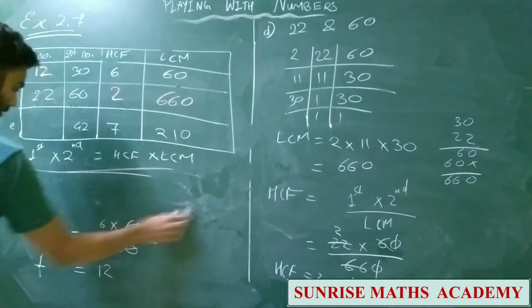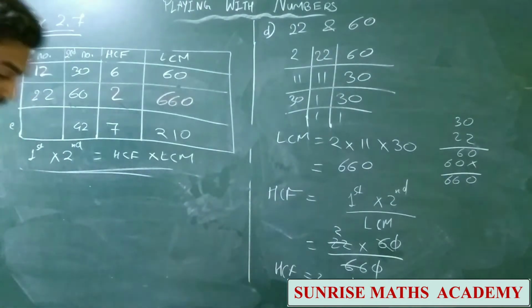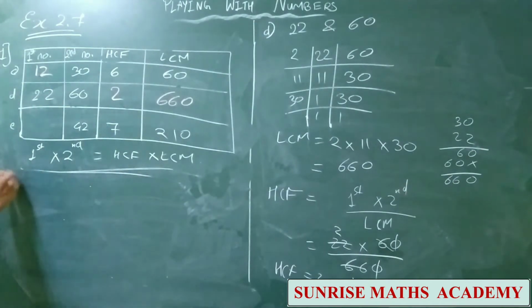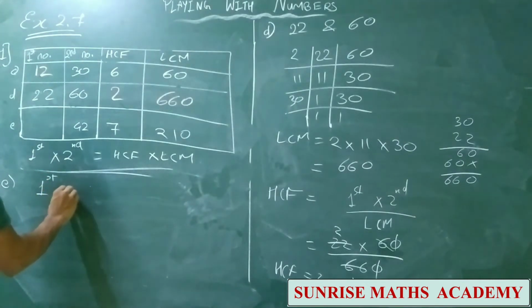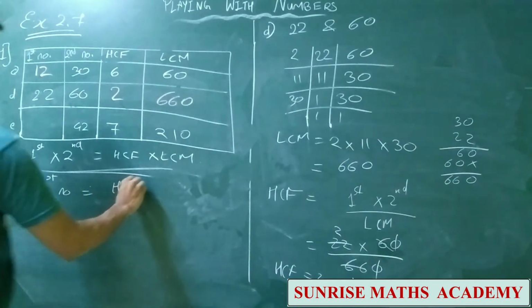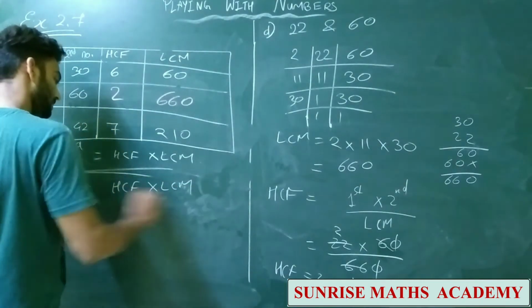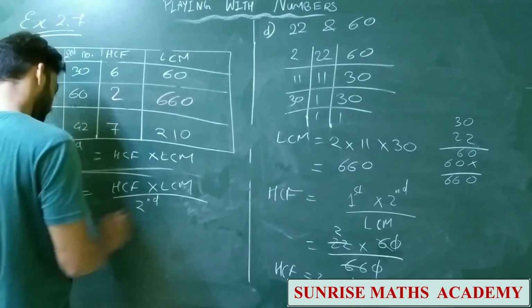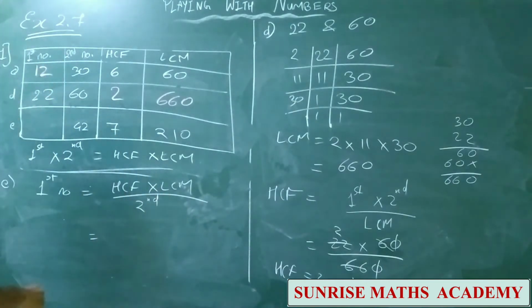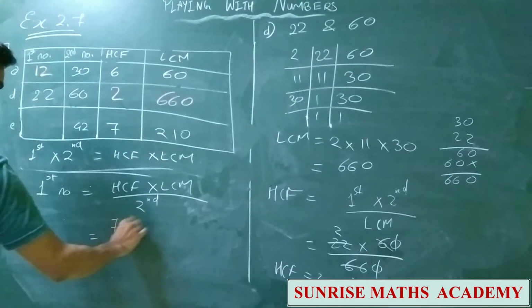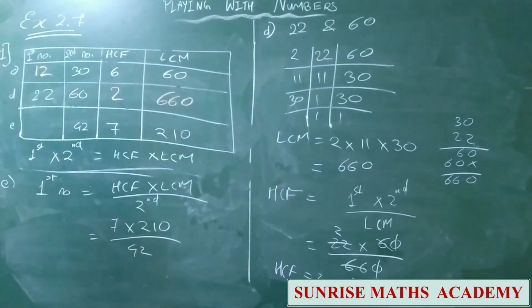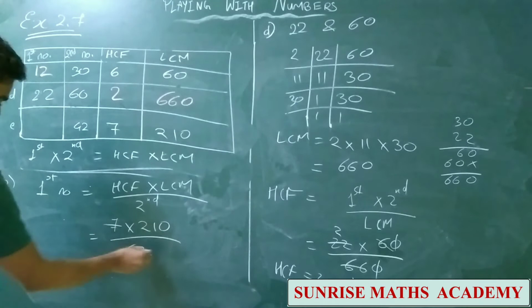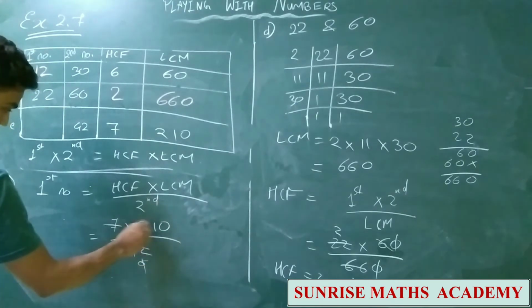Then the next, first number is not given, so HCF into LCM upon second number. HCF is 7, LCM is 210 and second number is 42. So 7 into 5 is 35, 7 into 6 is 42, so 6.